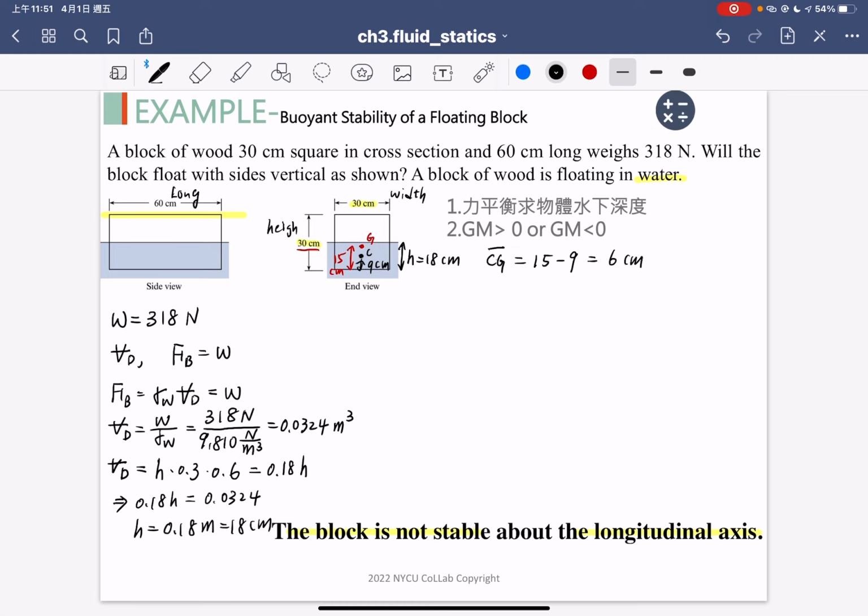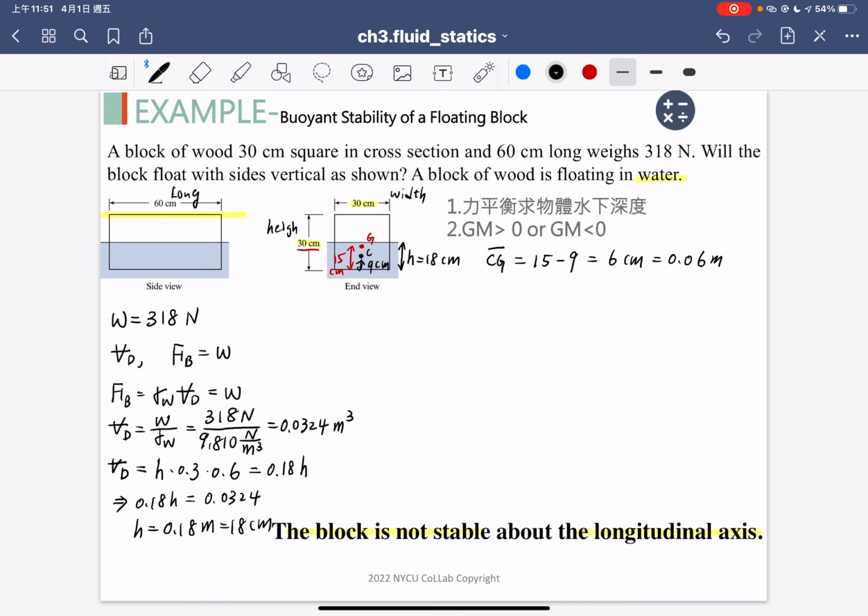This is our CG distance, right? And that equals 0.06 meters. So that's why I tell you the C and G is no problem, because our body is always symmetric, so it is easy to find the C and G points.